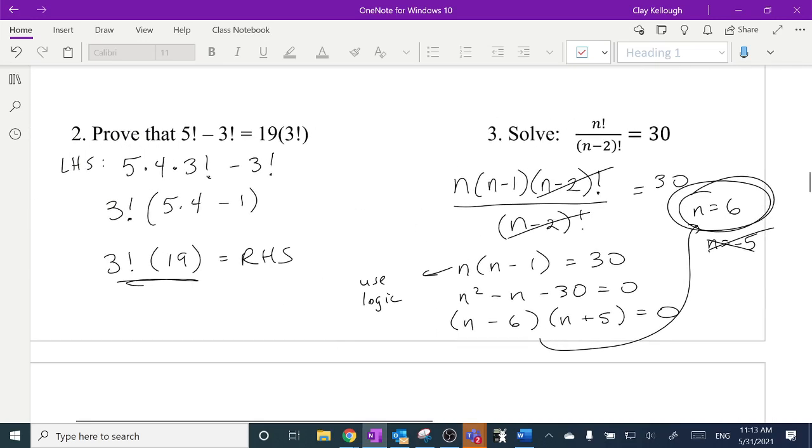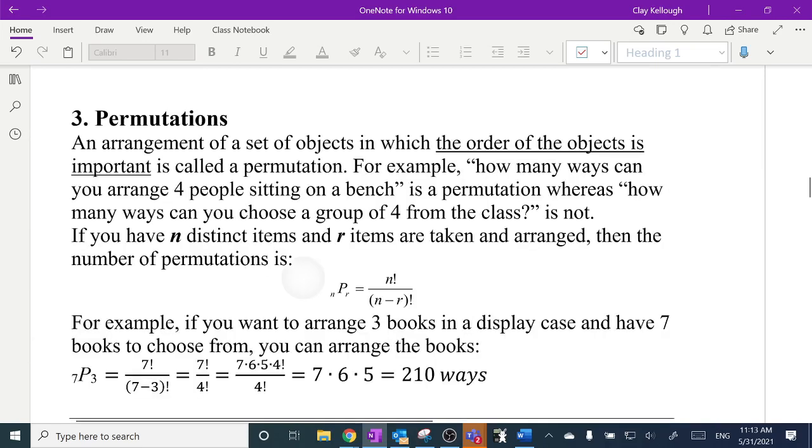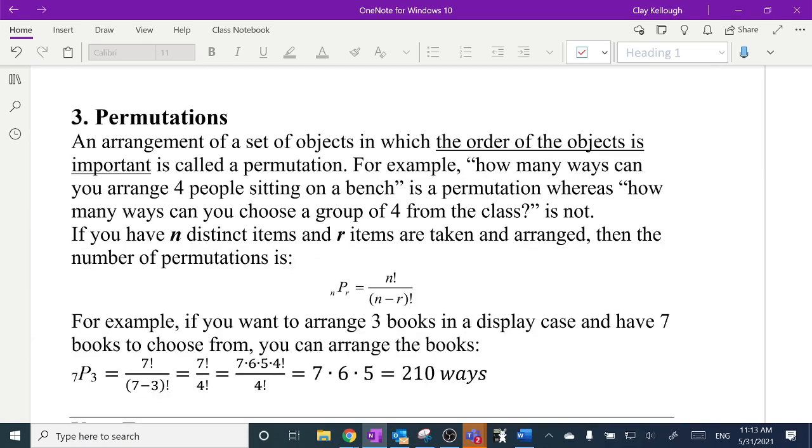All right. Now, what do we use this factorial stuff for? We use it to calculate things called permutations. What is a permutation, you ask? Well, a permutation is an arrangement of a set of objects in which the order of the objects matters or is important. It's called a permutation. So it's basically the number of possible arrangements.